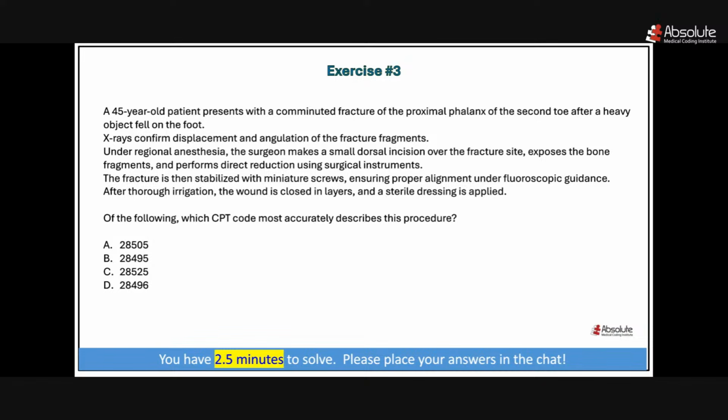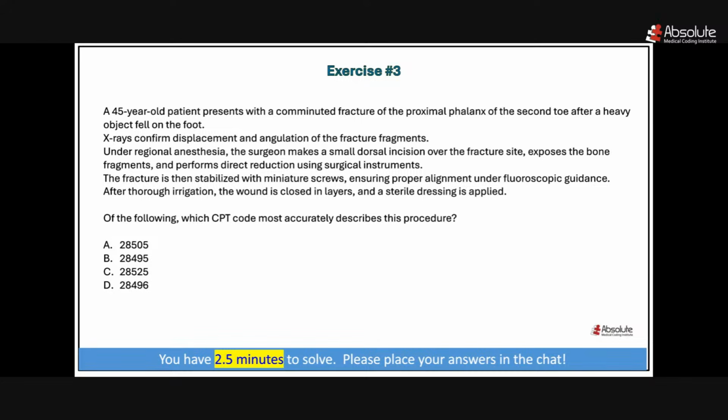A 45-year-old patient presents with a comminuted fracture of the proximal phalanx of the second toe after a heavy object fell on the foot. X-ray confirmed the displacement and angulation of the fracture fragments. Under regional anesthesia, the surgeon makes a small dorsal incision over the fracture site, exposes the bone fragments, and performs a direct reduction using surgical instruments.